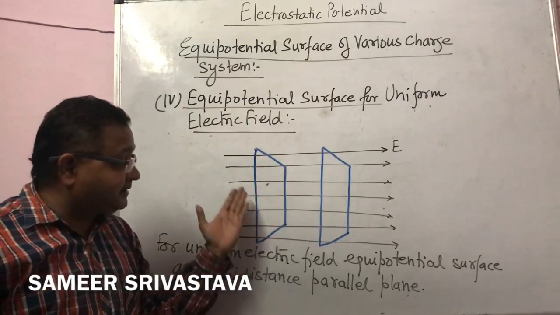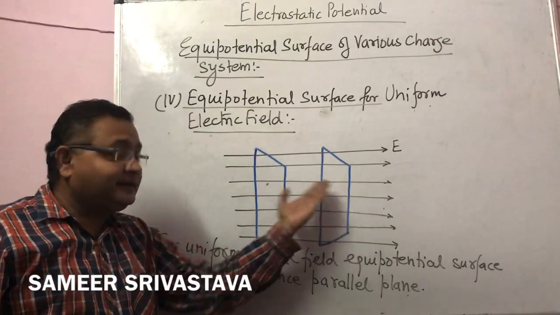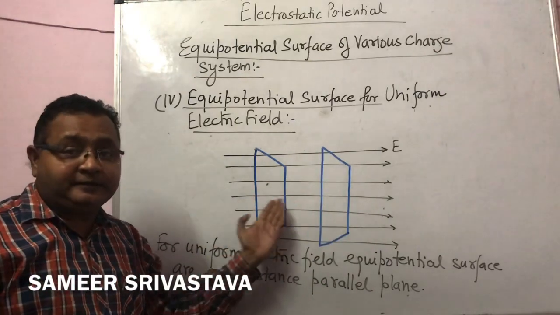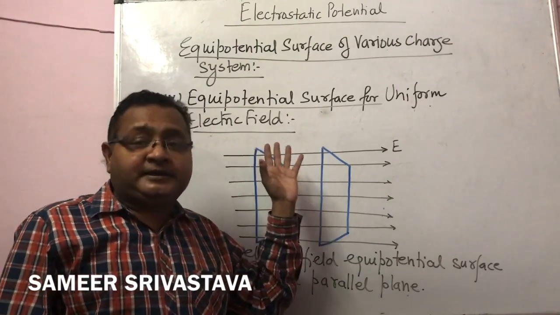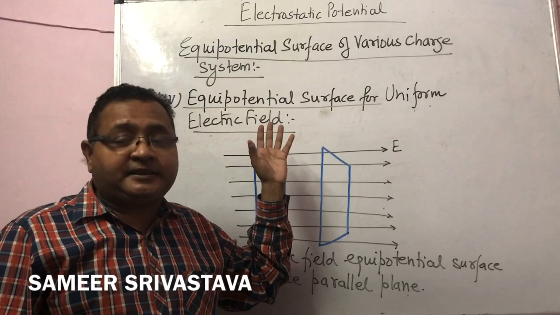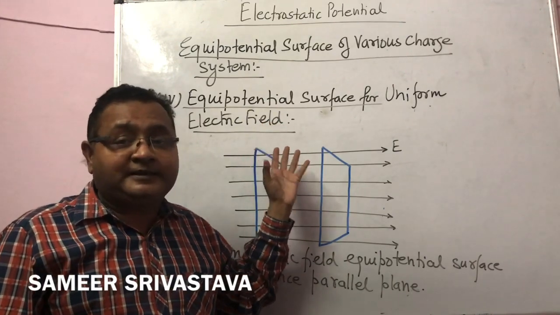Okay, so this is a diagram for the equipotential surface. This is the equipotential surface, and these are the uniform electric field lines. Now this is overall about the equipotential surface, the properties of equipotential surfaces, and how you can draw equipotential surfaces for different charge systems.